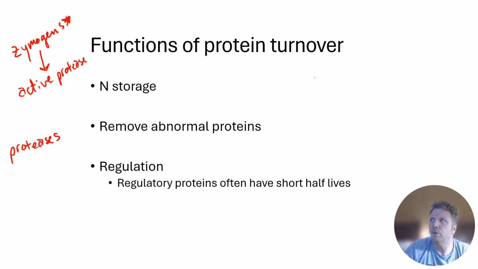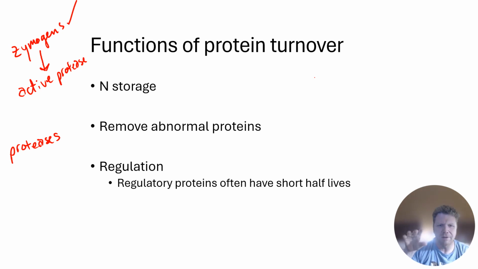They are inactive proteases, so they can't actually break any peptide bonds. They're sitting in wait, and whenever the time comes, a protease will come along, cut a peptide bond, and activate them. So this protein is there, not doing anything, but then it's activated.